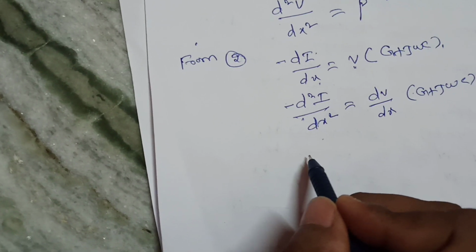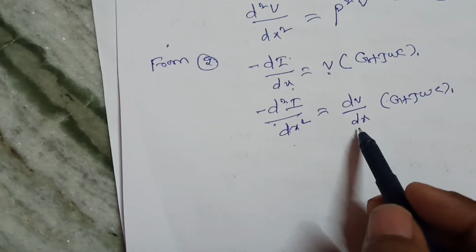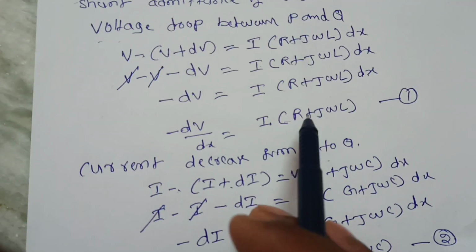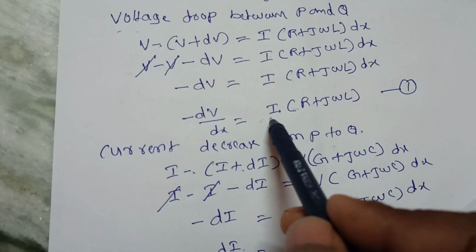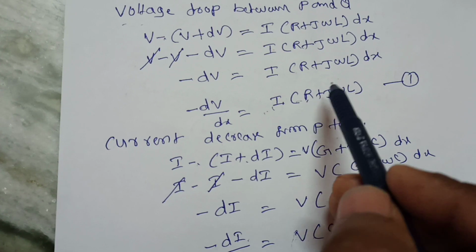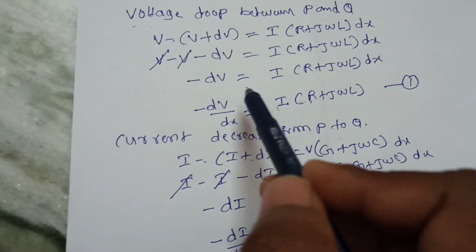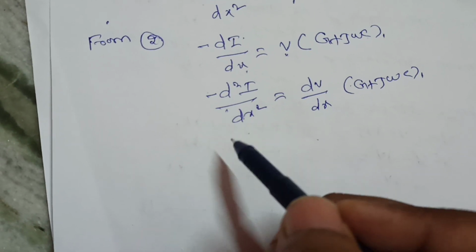Then dv by dx is there. From equation 1, dv by dx is equal to minus I of r plus j omega l. This is substituted in this equation for d square I by dx square.